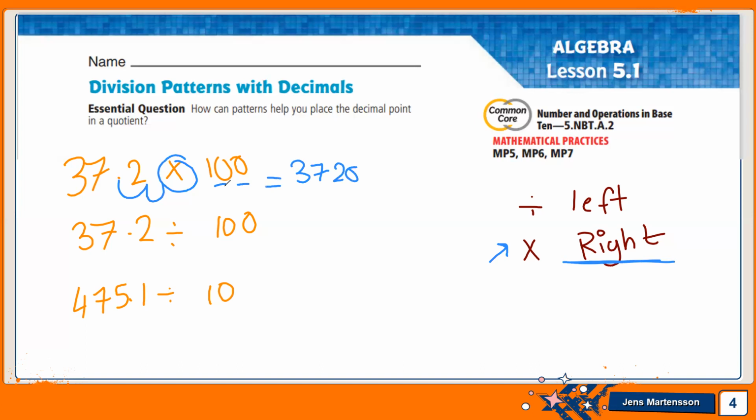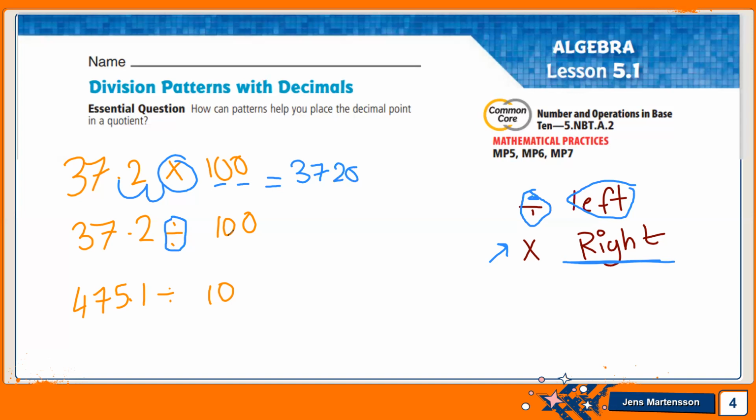So look at the second one now. 37.2, but now divide by 100. Which operation do we have? Division. It's division, so I have to go to the left. Here we have to learn how to divide decimals by the powers of 10: by 10, by 100, by 1000.